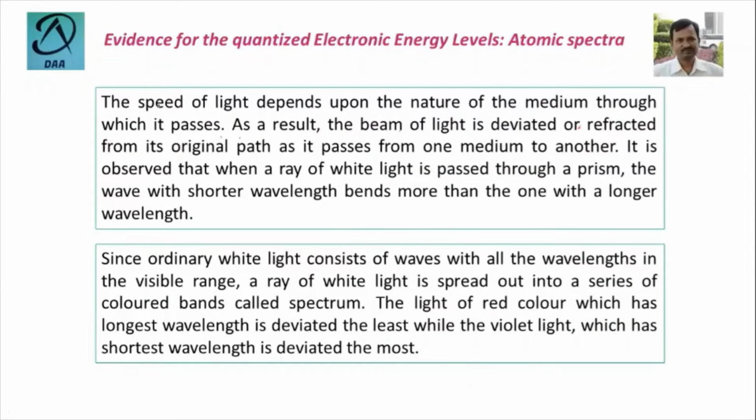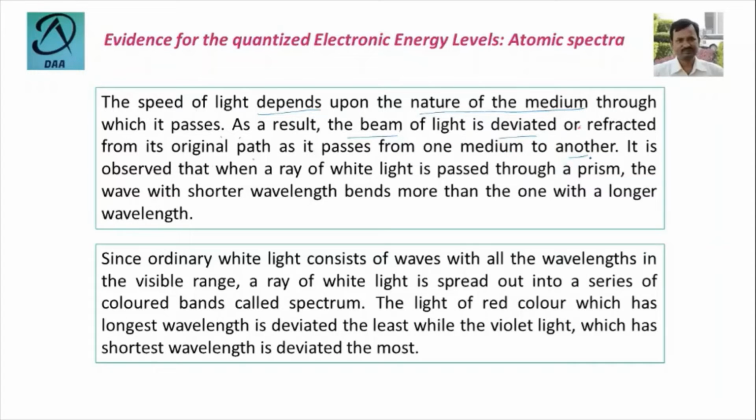Here, something you have to know: the speed of light depends on the nature of the medium. When light passes through a medium, the beam of light is deviated or refracted from its original path as it passes from one medium to another.